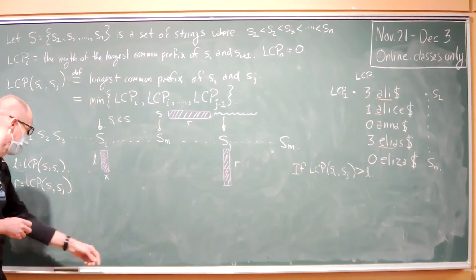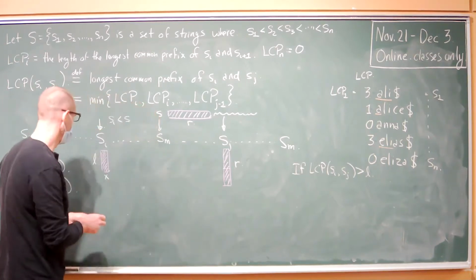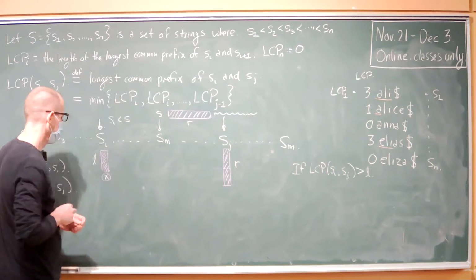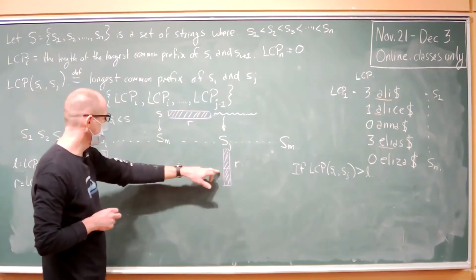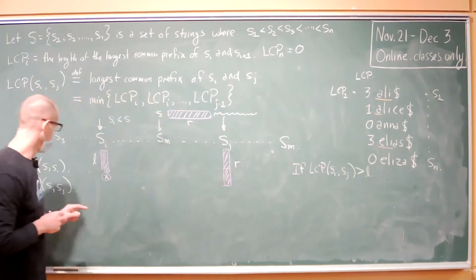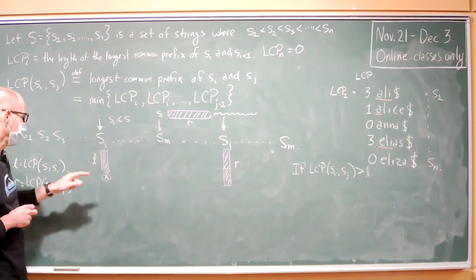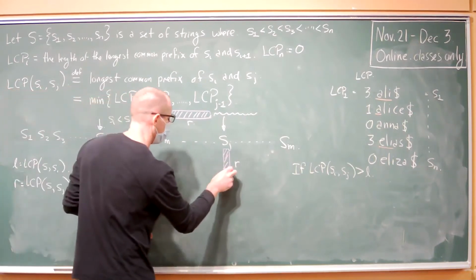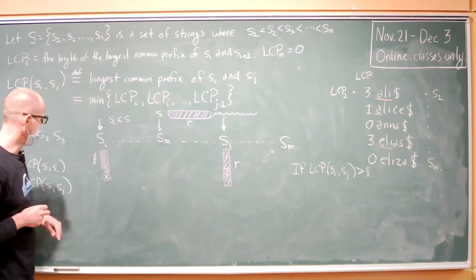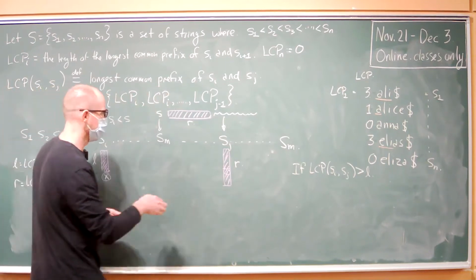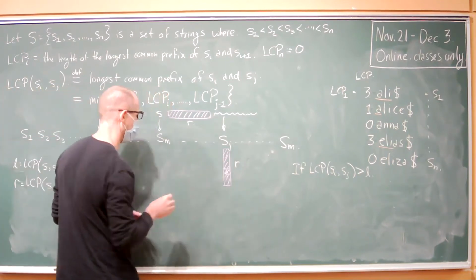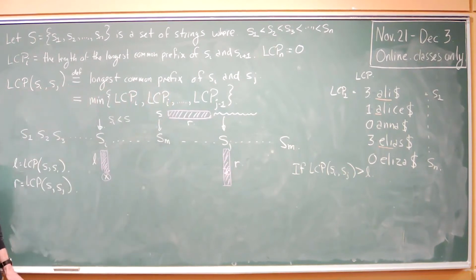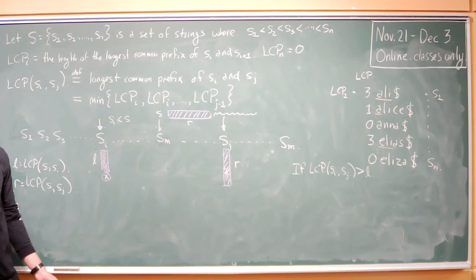Now, if these guys and these guys, or yeah, I mean, it's definitely bigger than. So if these guys agree on this character, so it's the same character here, well, then it looks like something's wrong, right?